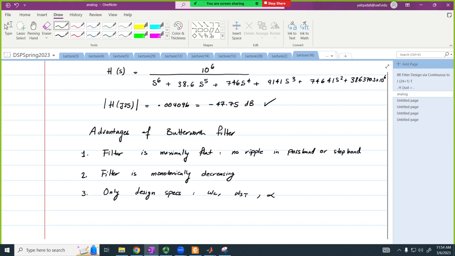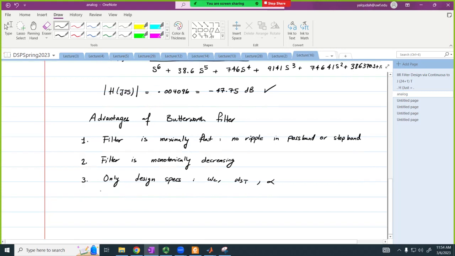Okay. So this takes us to this advantage of the Butterworth filter. What do you think the disadvantage of the Butterworth filter is? I mean, so far, it's been very nice, so we didn't see any disadvantage of it, did we?